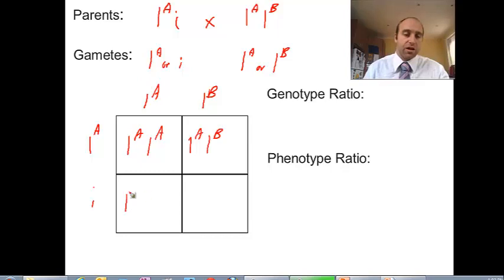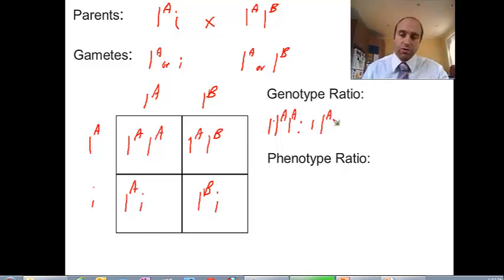A gamete from here and one from here. As we write this out, we have one individual who has the genotype homozygous for A. I might just make these into ones so we don't get confused with our I's and our ones.